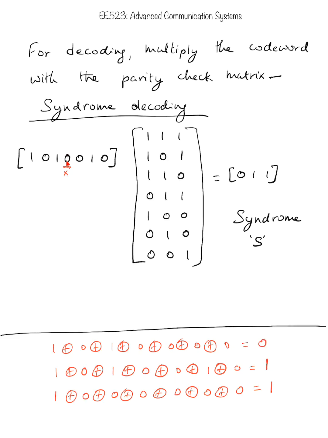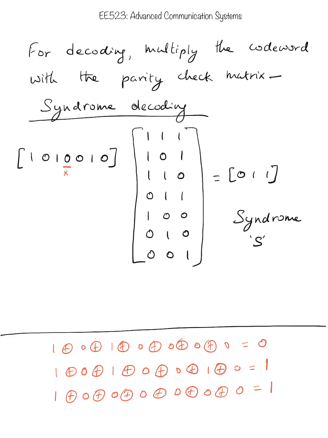In this case, because it is 0, it has to just change it to 1, and then we will have the correct code word. And we know, because we started off with the correct code word which had a 1 here, and we deliberately made it a 0. So we know the error is in the fourth position, but the decoder doesn't know it.